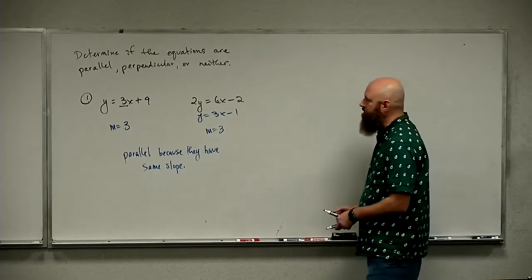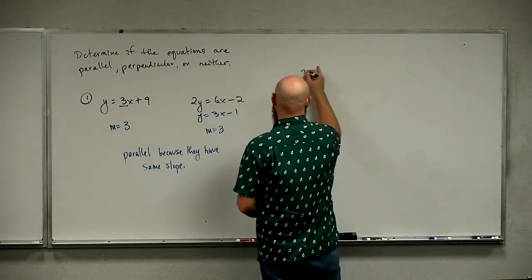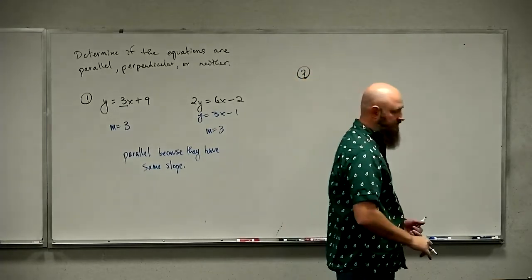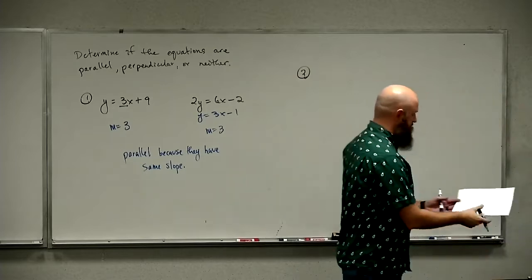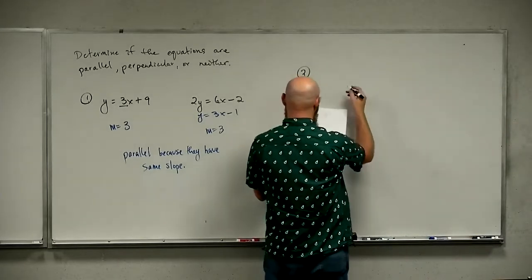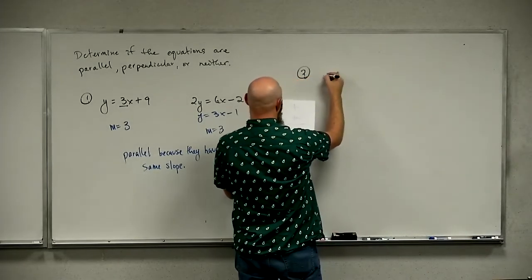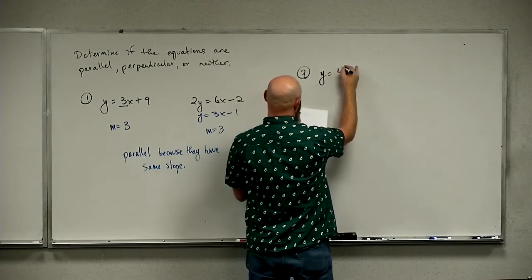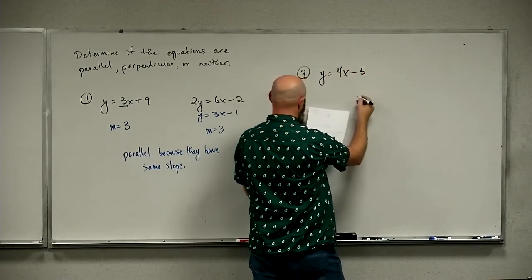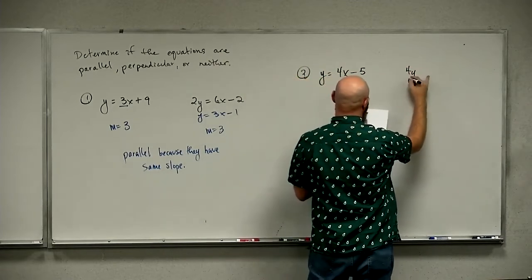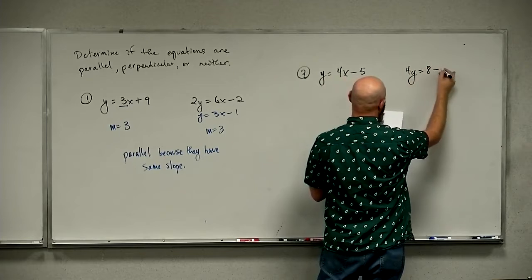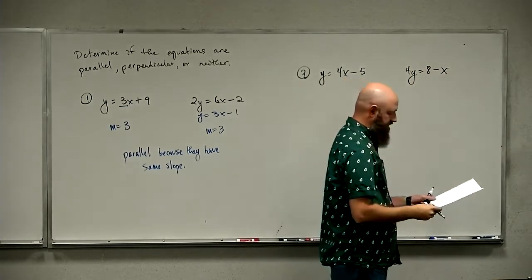Okay. All right, let's look at another one. Number 2. Okay. y equals 4x minus 5, and then 4y equals 8 minus x.